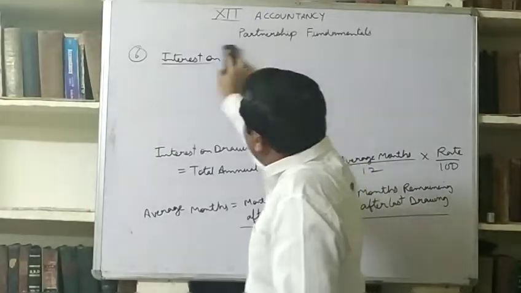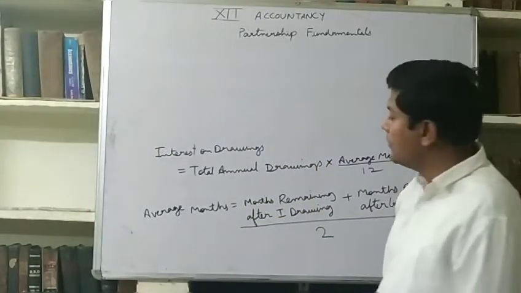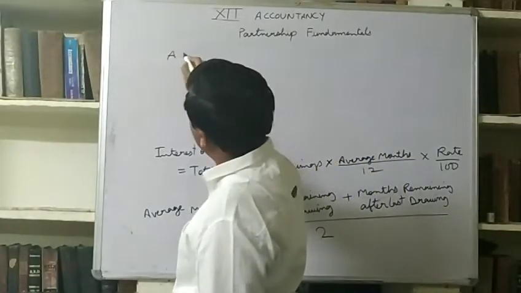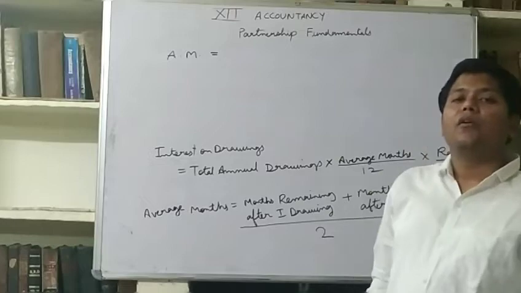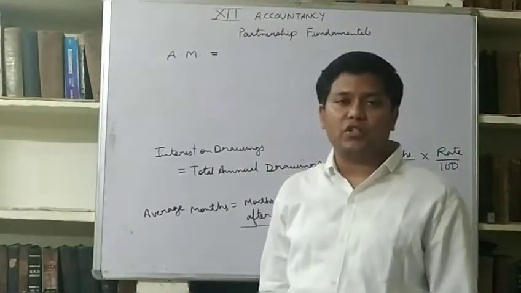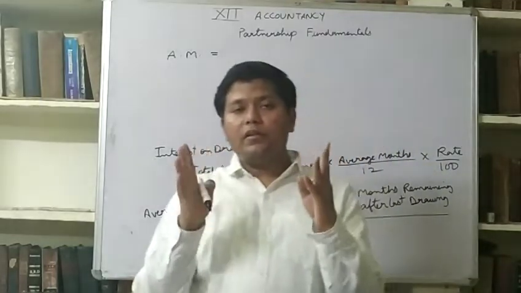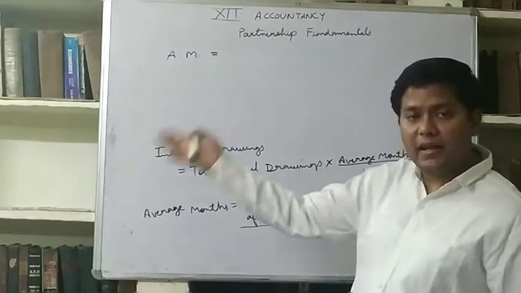First of all, we will calculate average months using this formula. Average months in this case will be, when he does the first drawing on the first day of the first month, after this drawing, how many months are remaining for year ending?